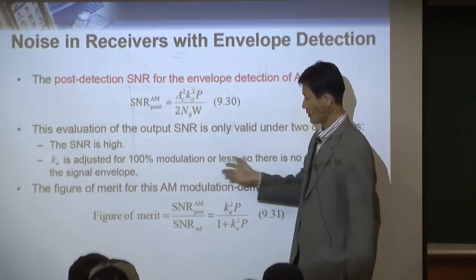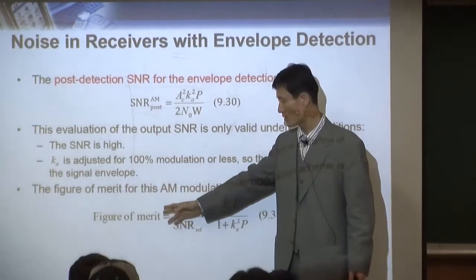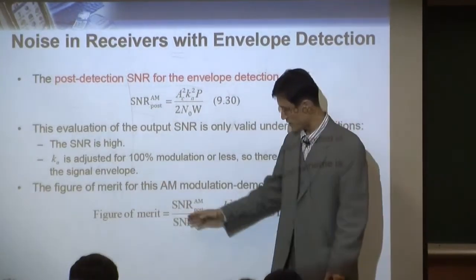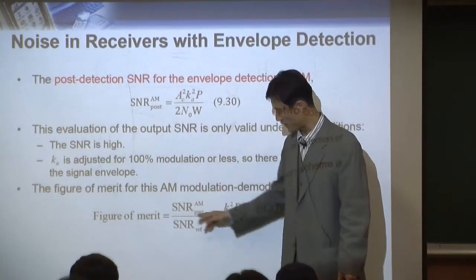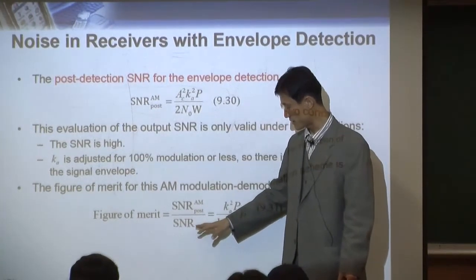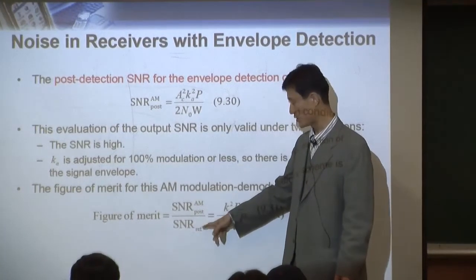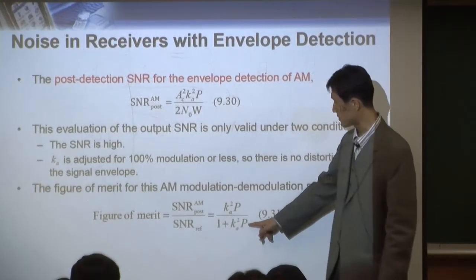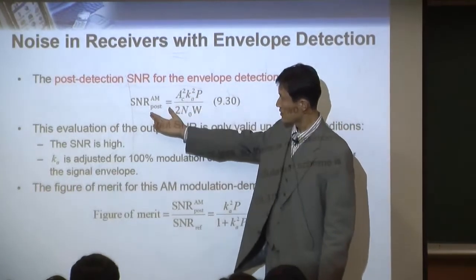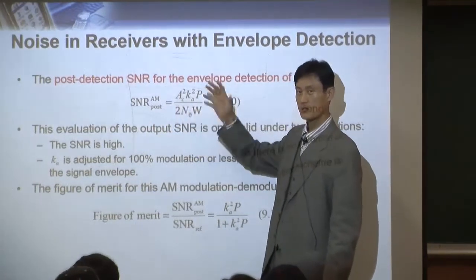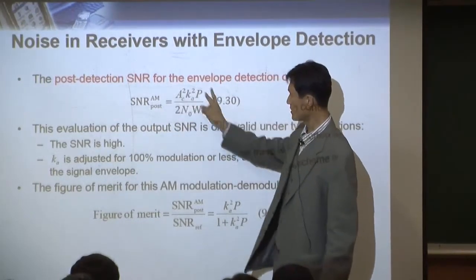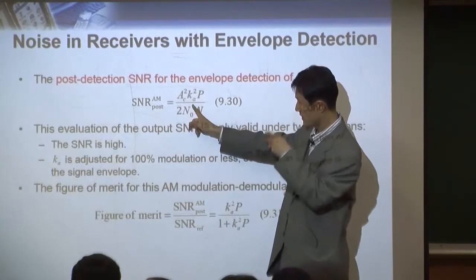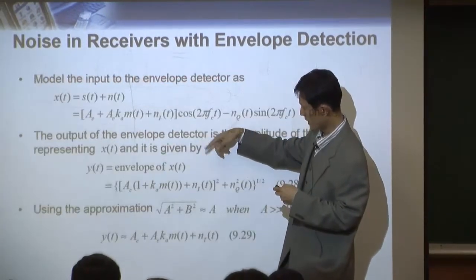Okay. So what this shows is the figure of merit. Figure of merit is the post-detection SNR divided by the reference SNR, or in this case, the pre-detection SNR. So it's going to be Ka square P divided by 1 plus Ka square P, which means, let's compare this post-detection SNR with the pre-detection SNR. This is the post-detection SNR. And go back.